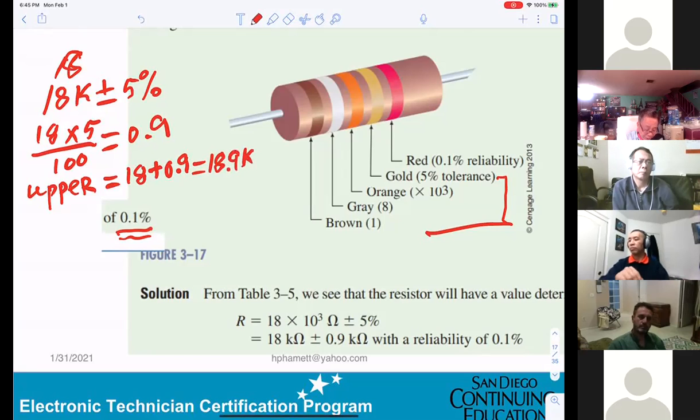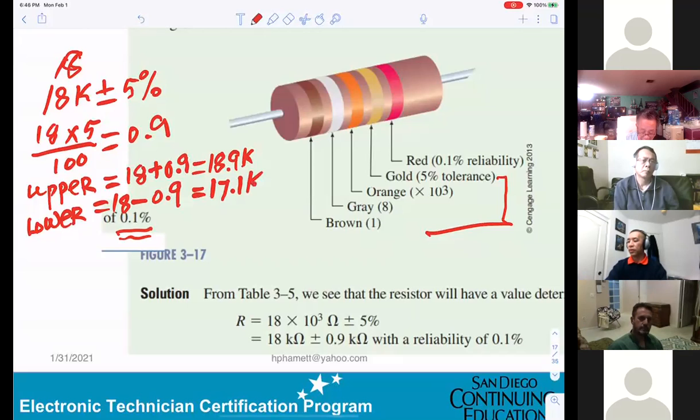And we need to calculate the lower limit: 18 minus 0.9. What do you get? 17.1. Okay.